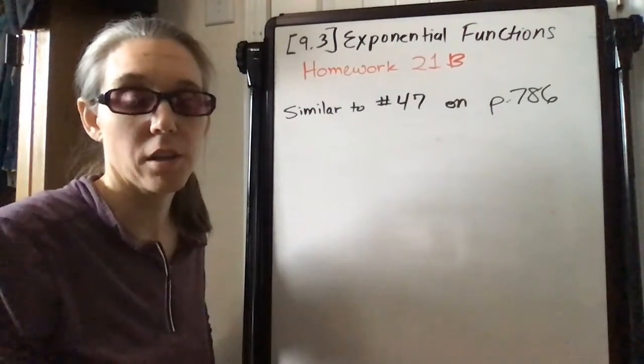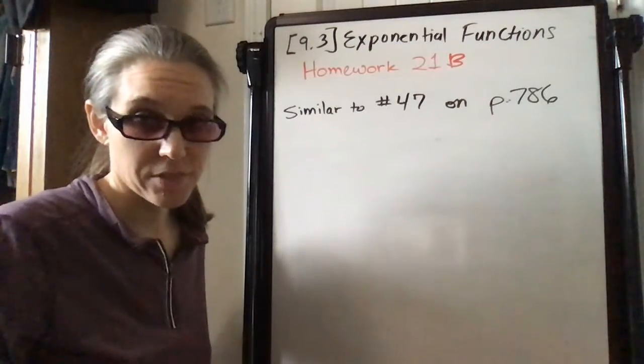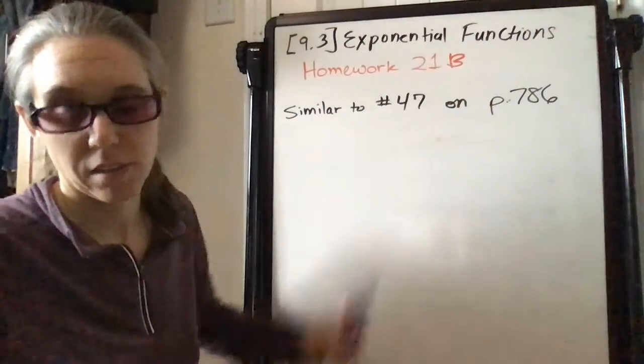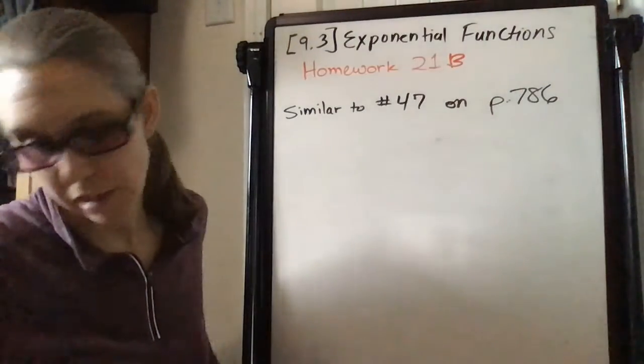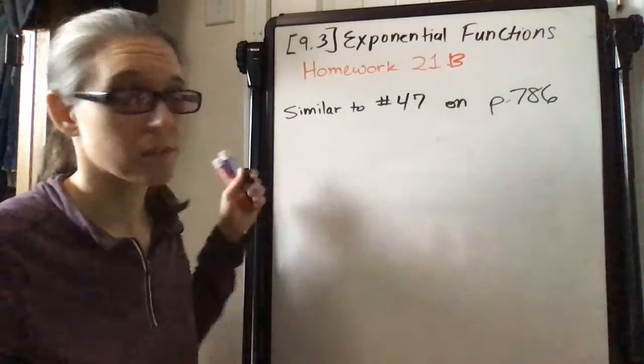Okay, so now I want to look at some word problems. First, let's look at some radioactive decay. On page 786, number 47 has radioactive decay. Now, I'm going to make up a problem that's similar to number 47.